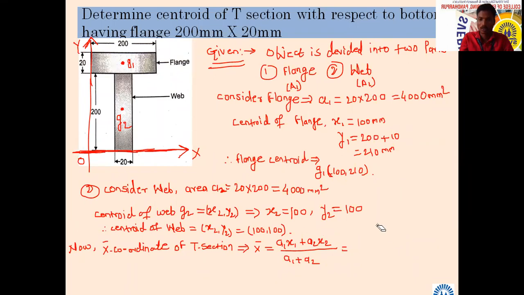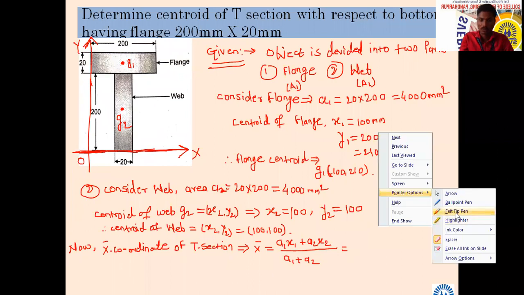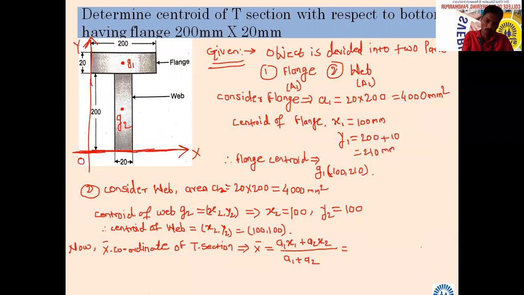So if I will take what it will come now, just check a1 x1 plus a2 x2 divided by a1 plus a2. We will put the values first.